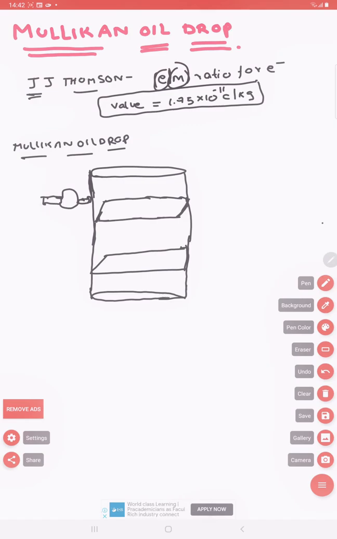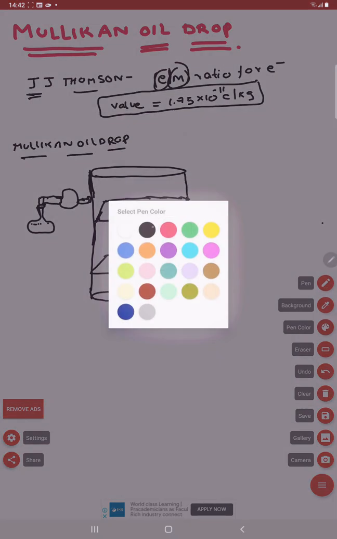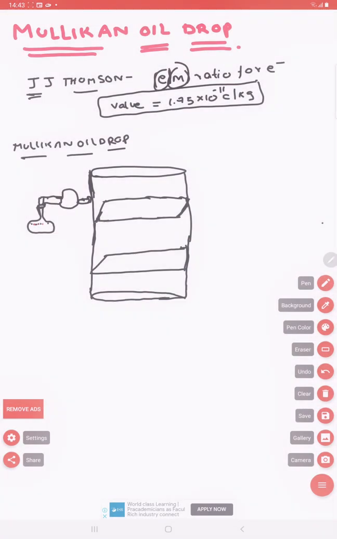This is connected to some oil. I'm thinking of it as oil.